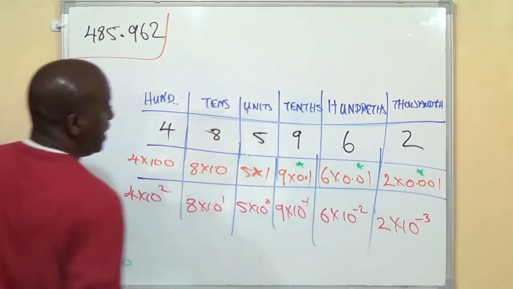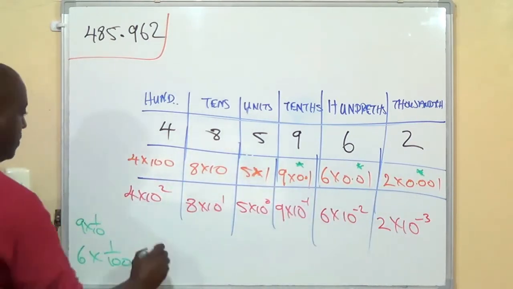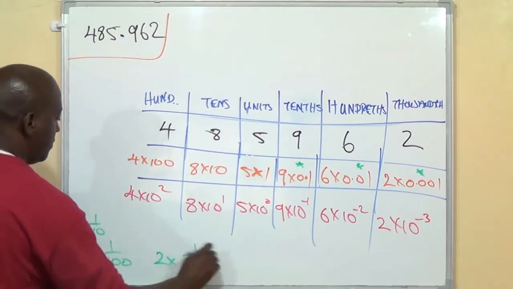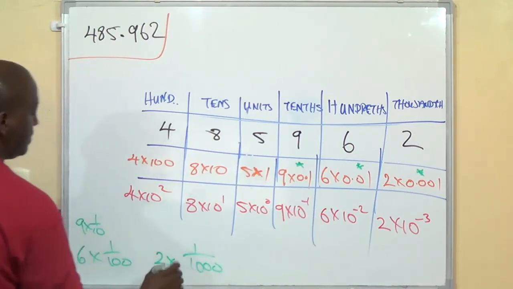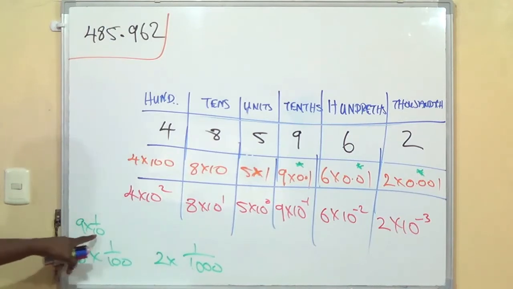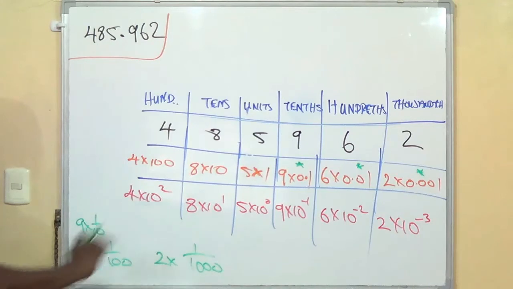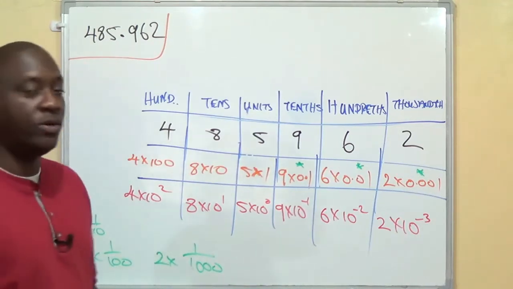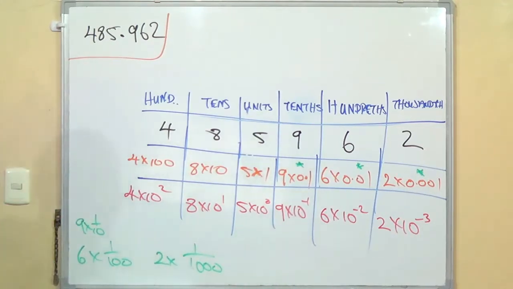And 2 by 0.001 is the same thing as 2 by 1 over 1,000. 2 thousandths, 6 hundredths, 9 tenths. I don't want to get too far into this because that will take us into indices, which I don't want to go too far into because I will get distracted from the central topic of what we're trying to talk about.